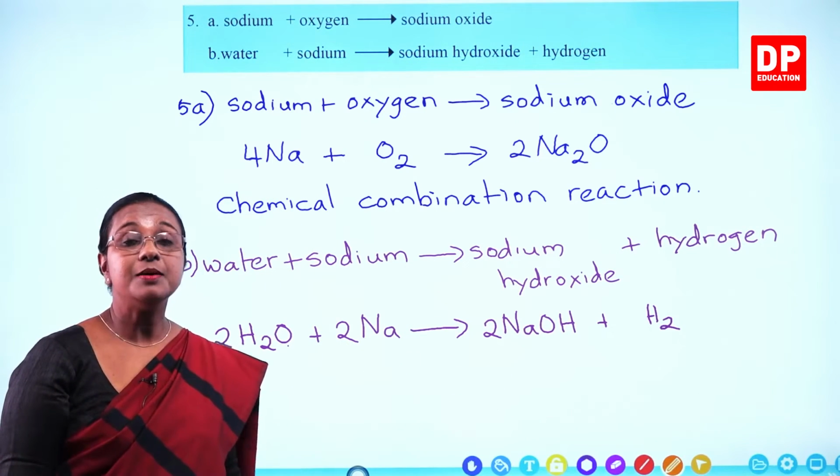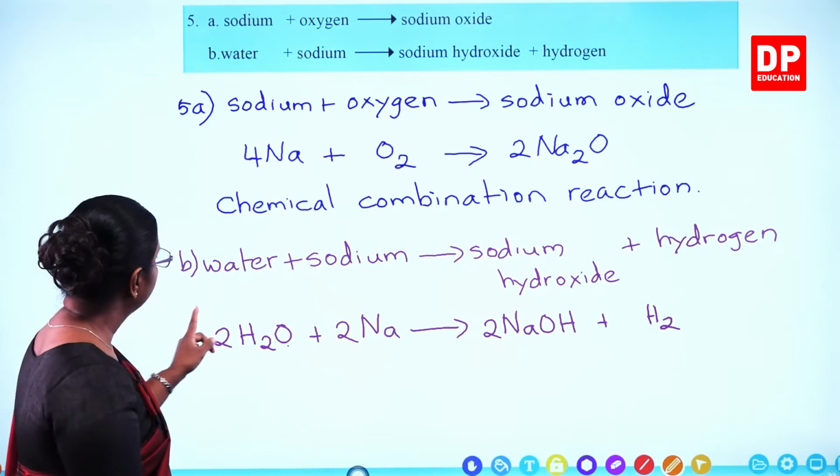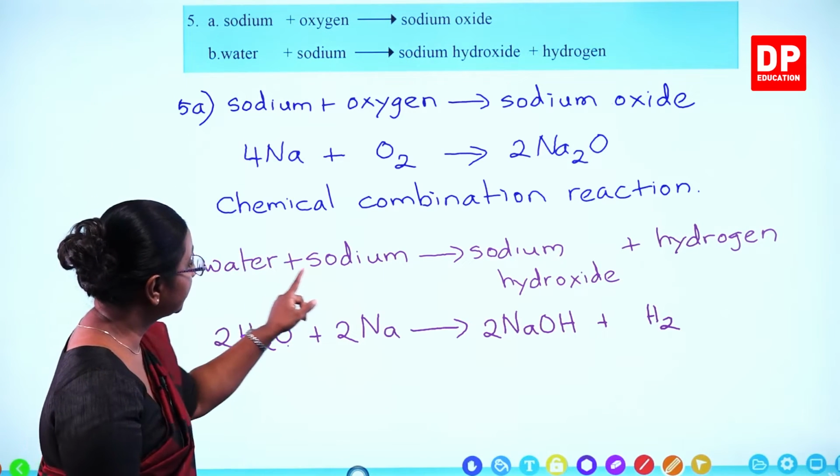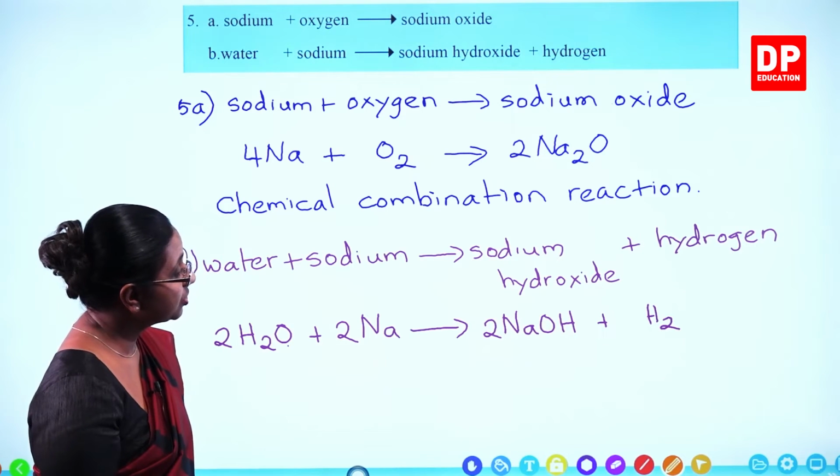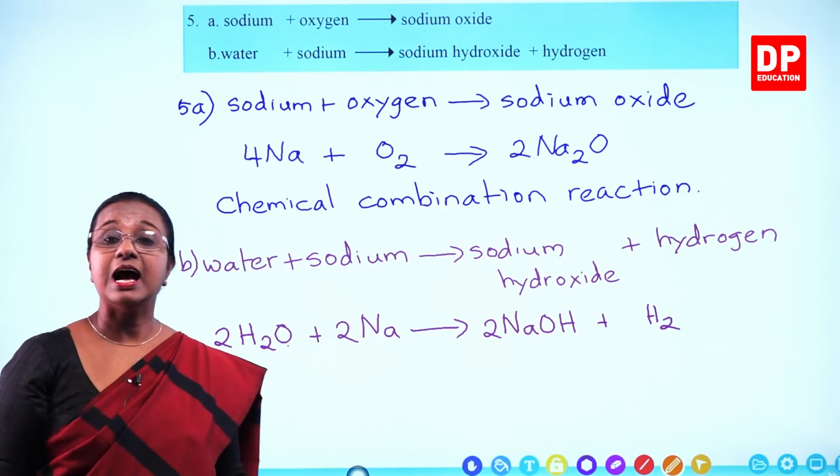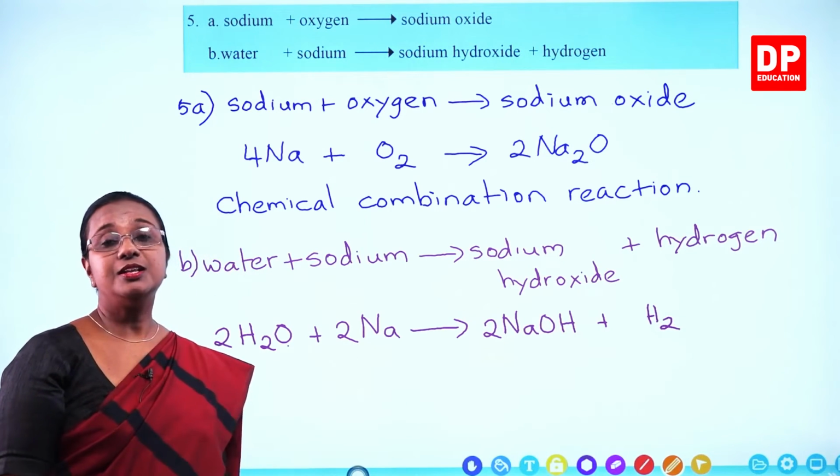So this is the balanced chemical equation for the reaction between water and sodium, giving rise to sodium hydroxide and hydrogen. Now can you identify this reaction?